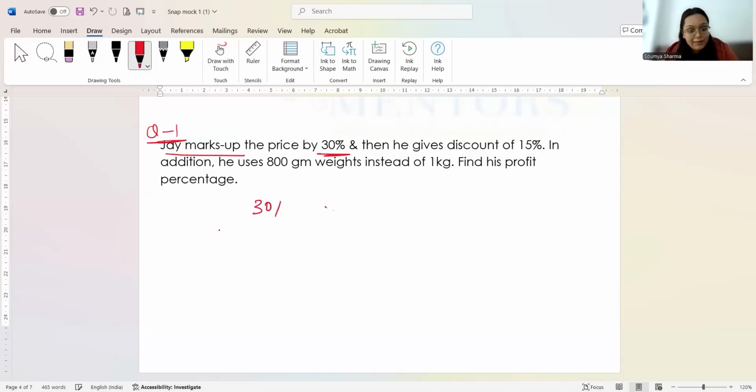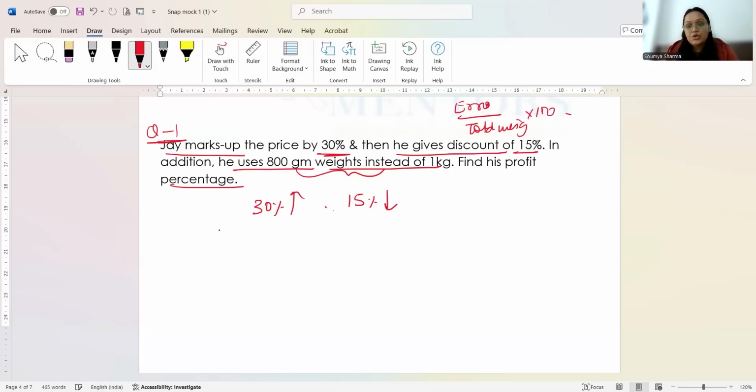Okay, so there is a 30% increase, and he gives a discount of 15%, a 15% decrease, and he uses an 80 gram weight instead of 1 kg, with his profit percentage. So this is a concept of faulty weight. So here what will be used is error upon the total weight into 100. So error is 200. The weight which he measures is 800 into 100.